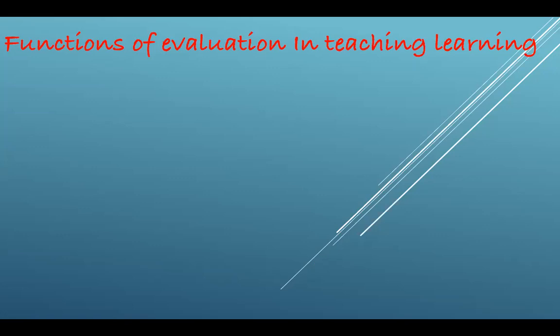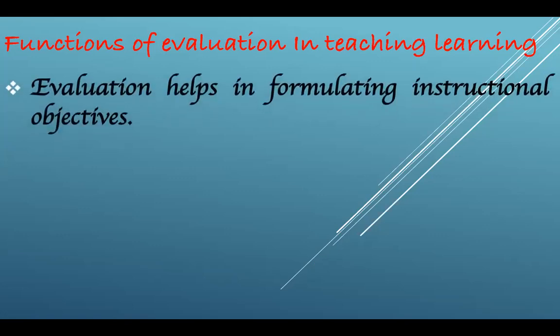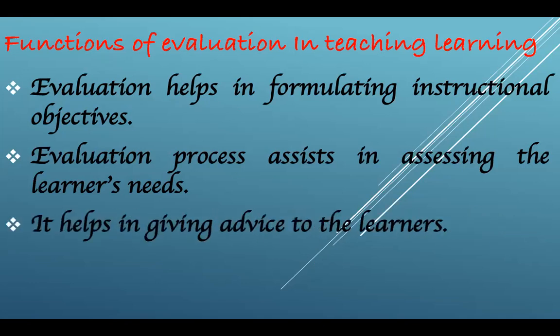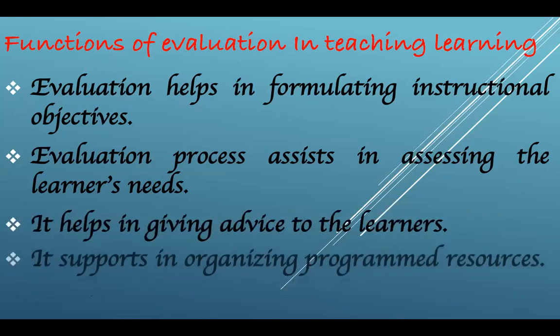In the teaching learning process, evaluation has some functions like: evaluation helps in formulating the instructional objectives. Evaluation is the process that assists us in assessing the learner's needs. Evaluation helps us in giving advice to the learners.